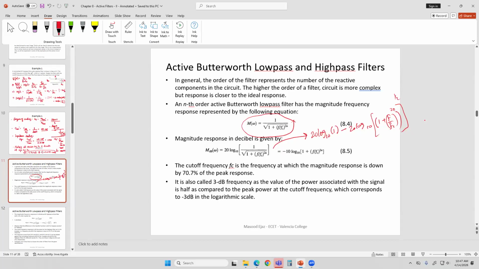So that's negative 10 log10 of 1 plus (f over fc) to the power 2n. This is the magnitude response in decibels for a Butterworth filter of any order n.